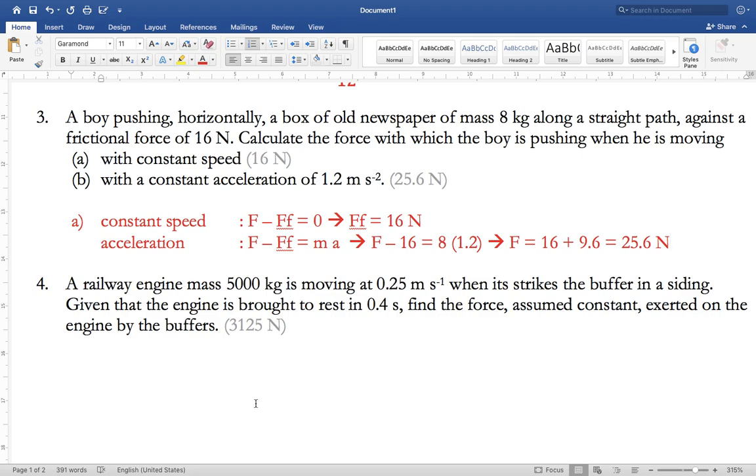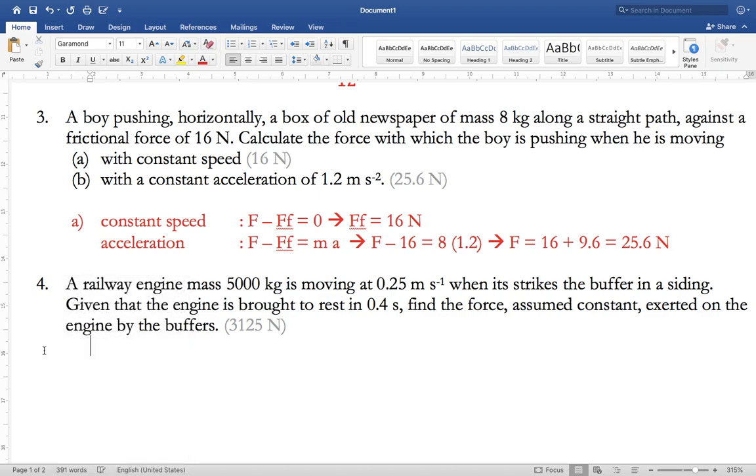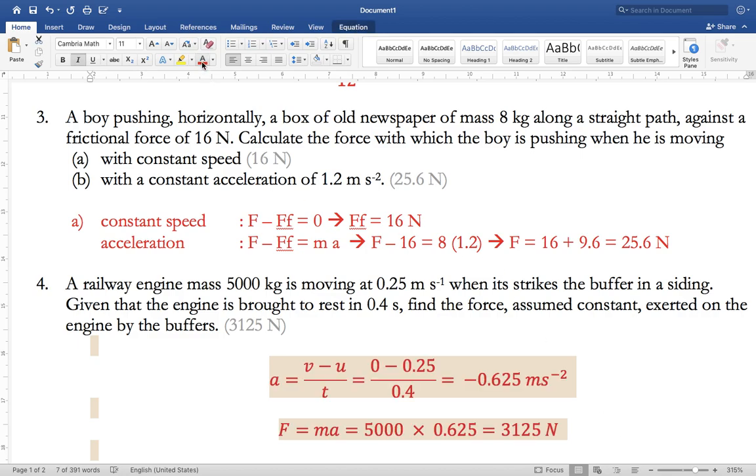Okay, we see the answer here. Oh, sorry, where is the answer? Oh, here. Ta-da! The first step is to find the acceleration. Actually this is not acceleration, it is deceleration, right?